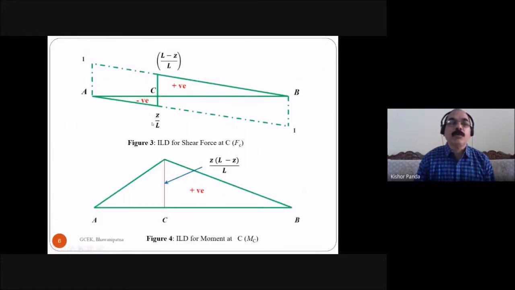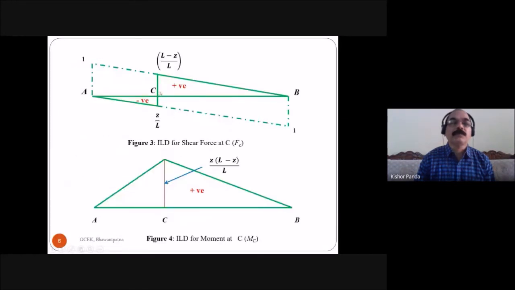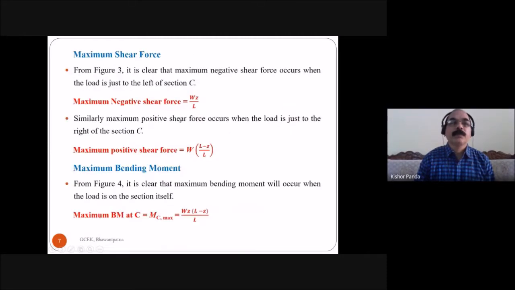Because this is for the unit load, when the load W is moving across a girder or a beam, the maximum negative shear force is equal to W into Z by L. So you have to multiply by the load W. Similarly, the maximum positive shear force occurs when the load is just to the right of section C. Just right of section C, you will get the maximum positive shear force. So the maximum positive shear force is equal to W into L minus Z by L.